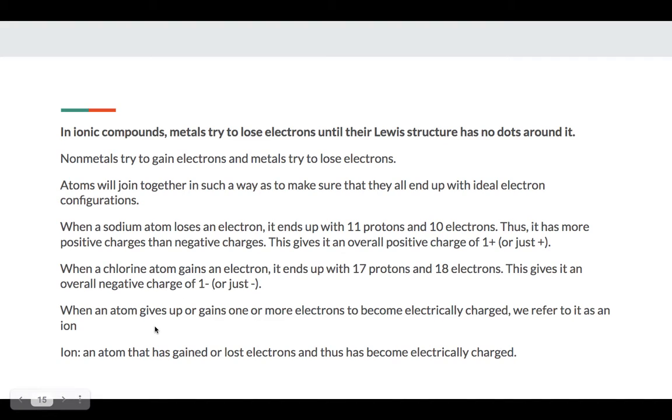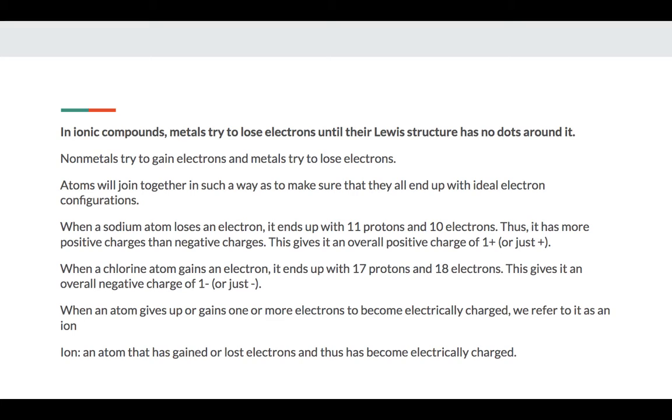So when an atom gives up or gains one or more electrons to become electrically charged, we refer to it as an ion. And an ion is an atom that has gained or lost electrons and thus has become electrically charged. So looking back at our example with sodium and chlorine, when sodium gave away its electron, it became an ion because all of a sudden it gained a charge.